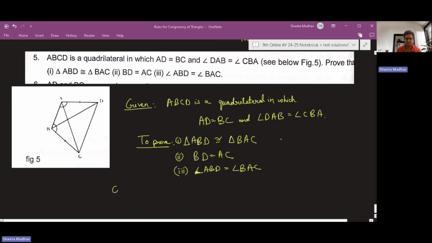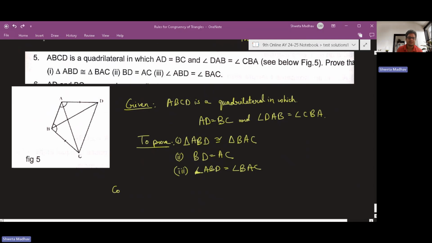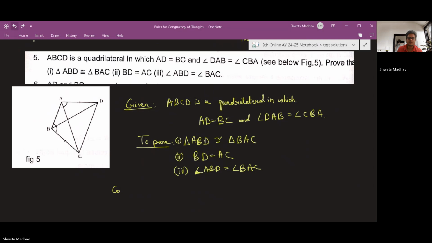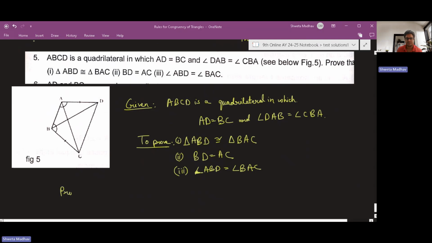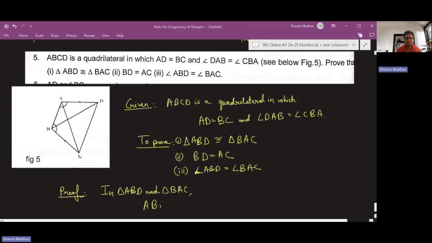Here, construction is not required since the diagonals AC and BD have already been drawn. The proof is: in triangles ABD and BAC, AB is the common side.